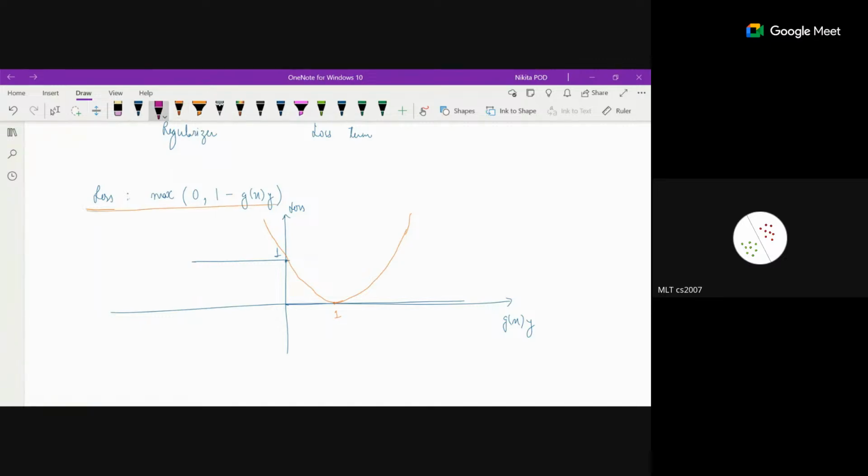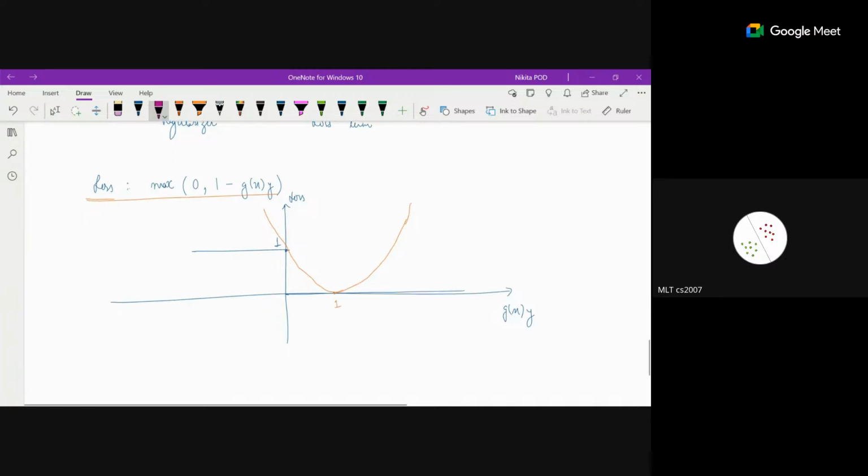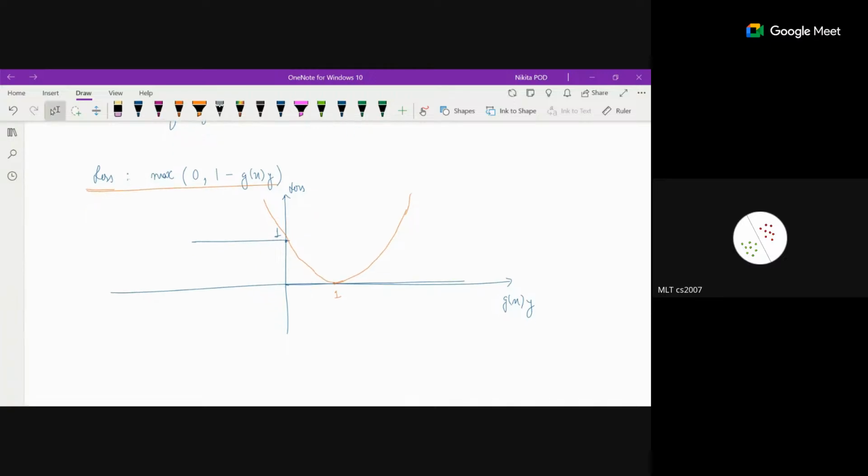Okay, so what this is saying is that this is equal to max of 0 comma 1 minus gx times y. In case your gx times y is greater than 1, I know that this term is going to be negative, right?